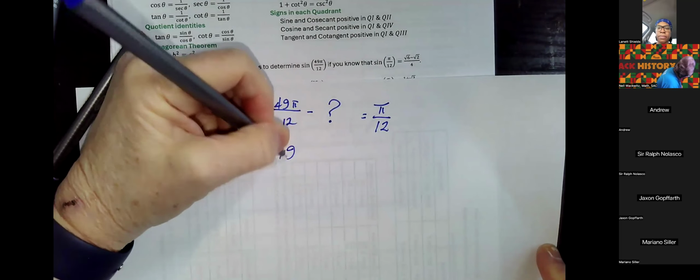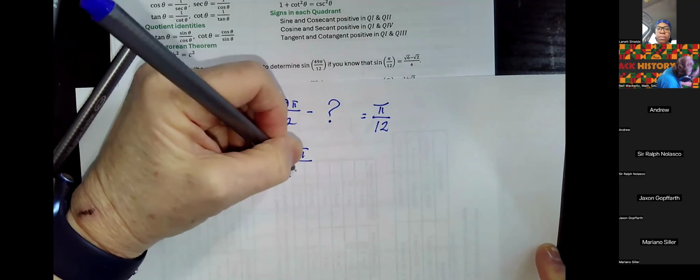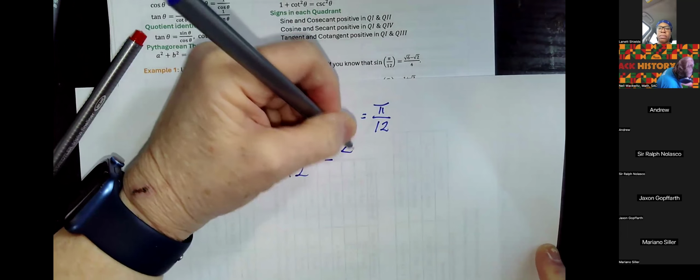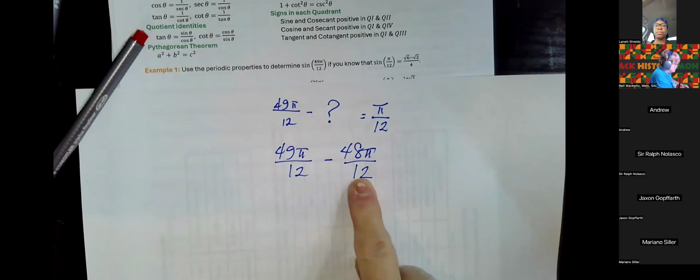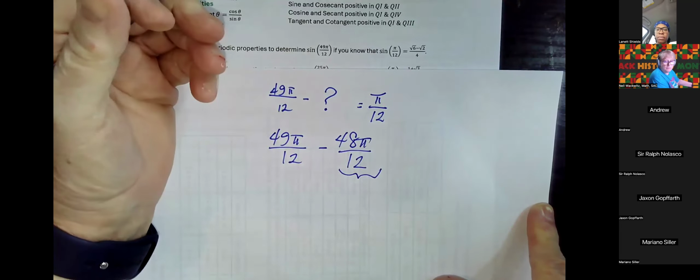48. Yes. 49 pi over 12, and we're subtracting 48 pi over 12. Can we reduce the fraction 48 pi over 12?